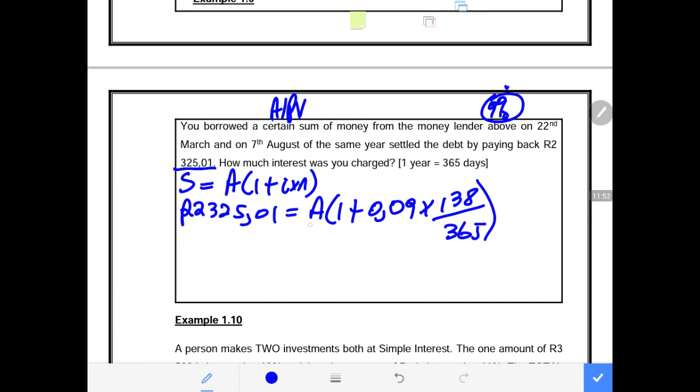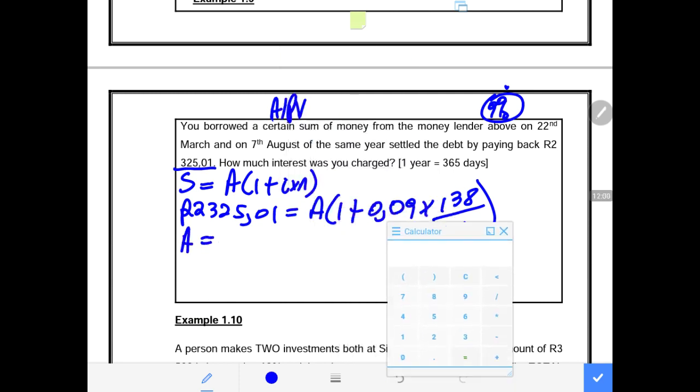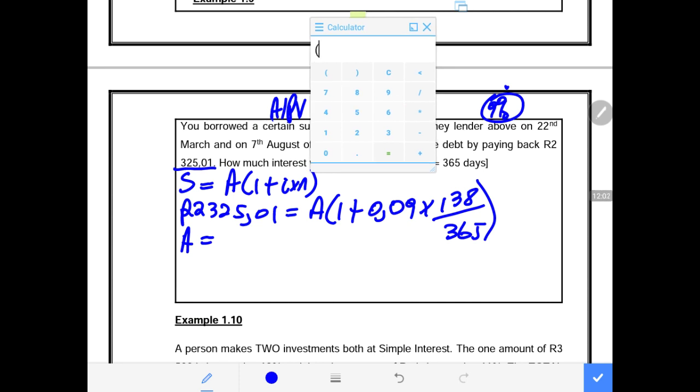Then we will get the amount that was borrowed, which will be our A. Let us go straight: open brackets, 1 plus 0.09 times 138 divided by 365.